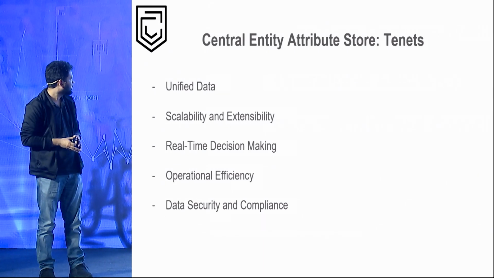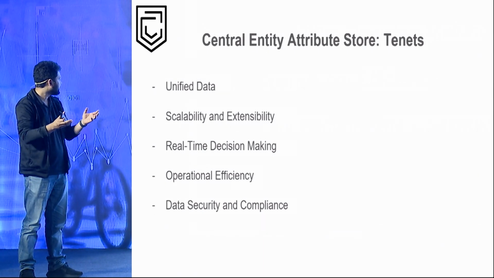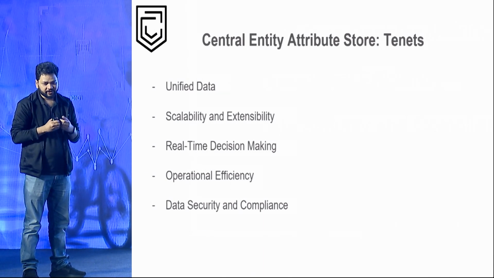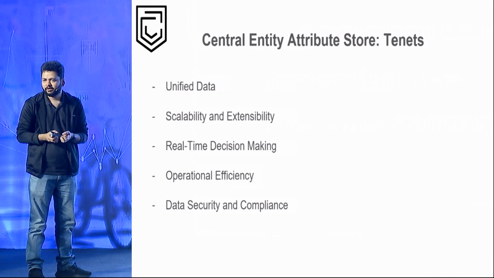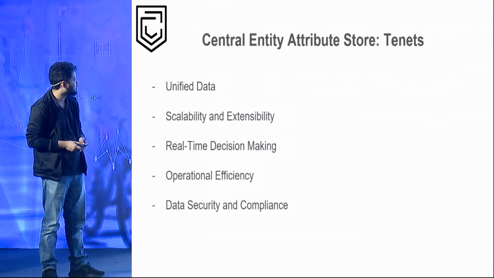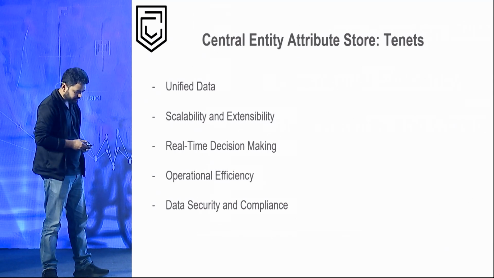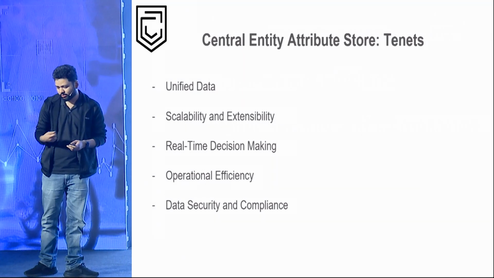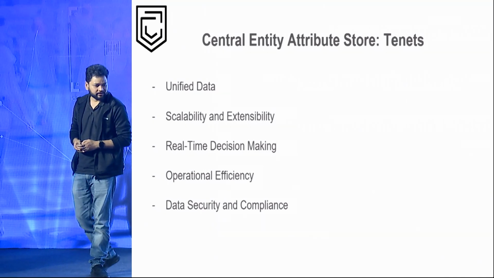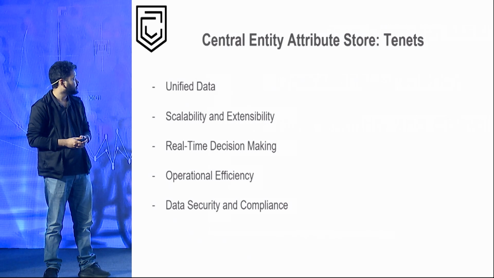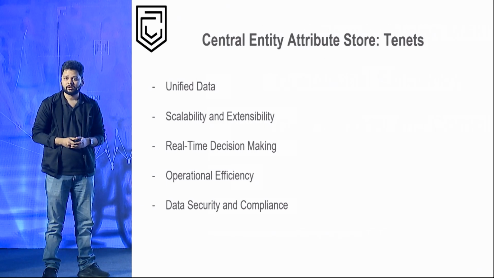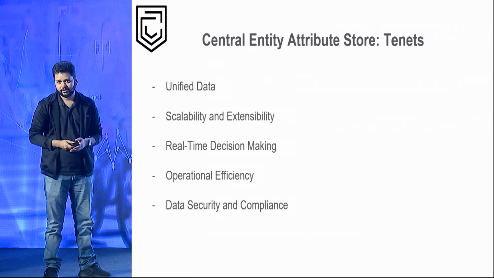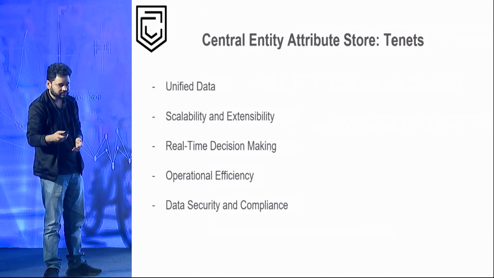We wanted the ability to create a consistent data store so that the definition of a particular attribute is standardized and well understood across different business units. Then scalability: new lines of businesses are growing month on month and every year in CRED. We wanted the platform to be scalable enough to accommodate new lines of businesses, new entities that are going to be created, and new sorts of attributes that are going to drive these use cases.